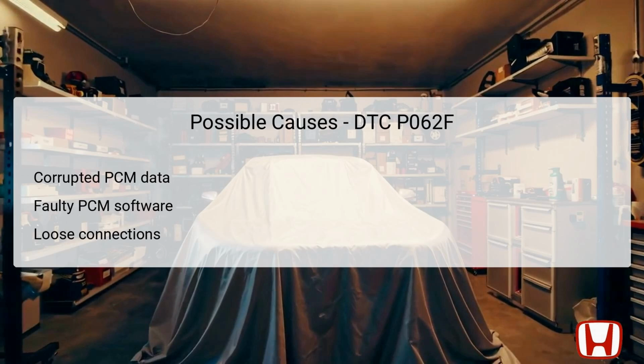Poor or loose electrical connections at the PCM can also contribute to this issue, preventing accurate communication needed for effective vehicle management. It's important to rule out these potential causes systematically to ensure accurate diagnostics. Understanding these causes aids in forming an effective troubleshooting strategy.